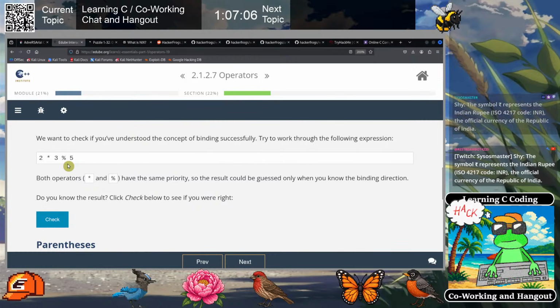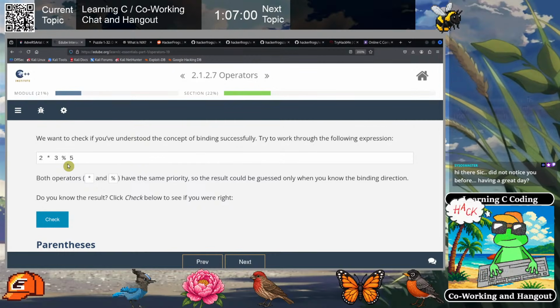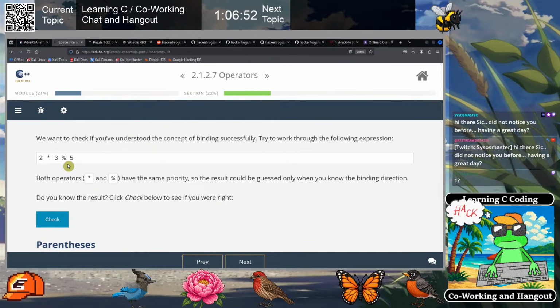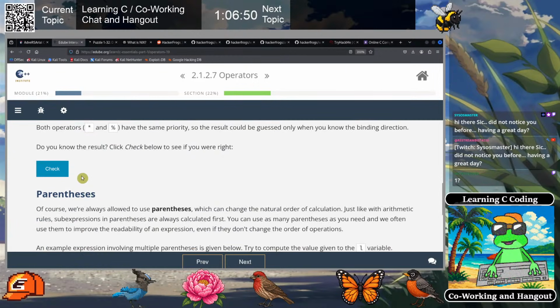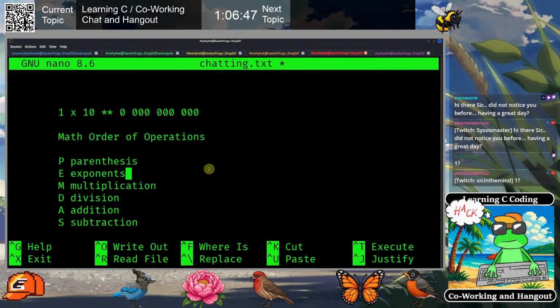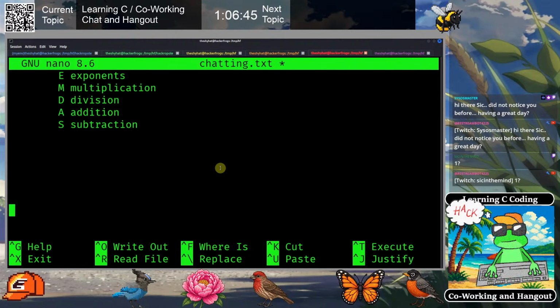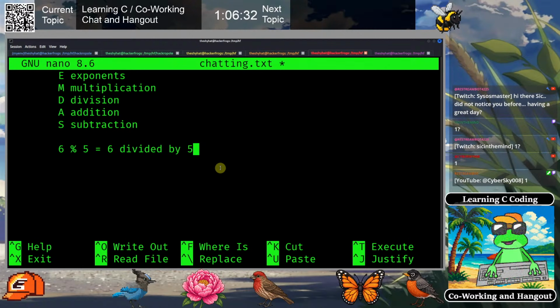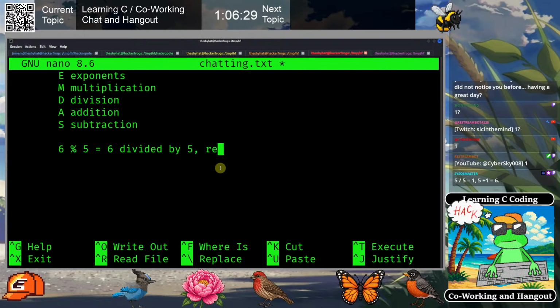Sorry, I'm trying to understand the modulo operation. So 6 modulo 5, that's 6 divided by 5, and then return the remainder.